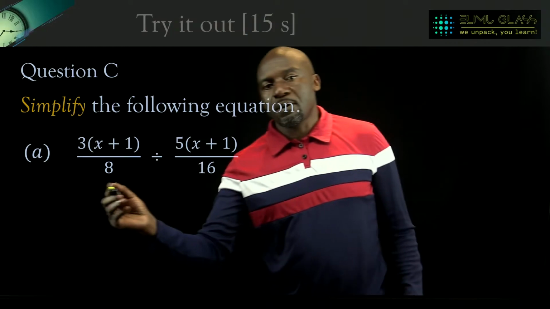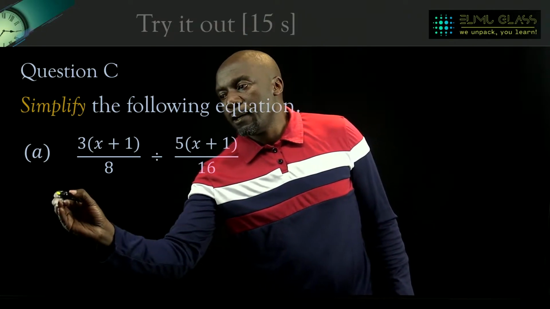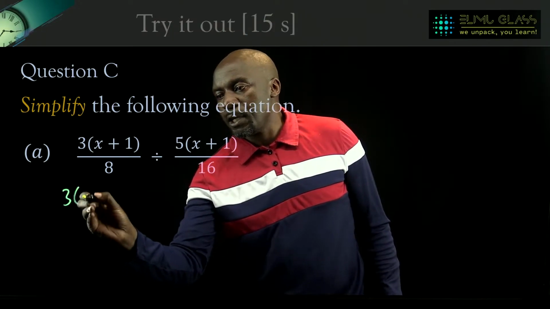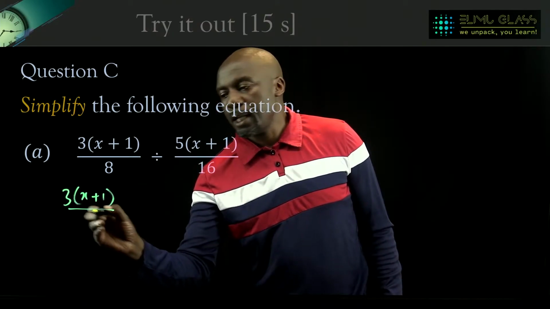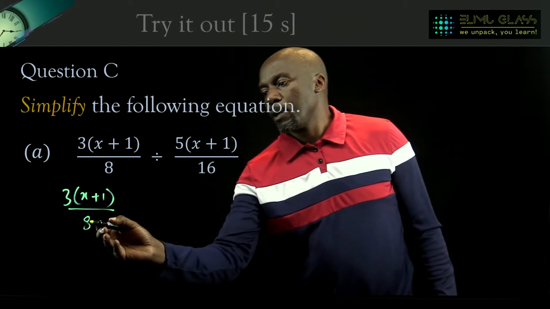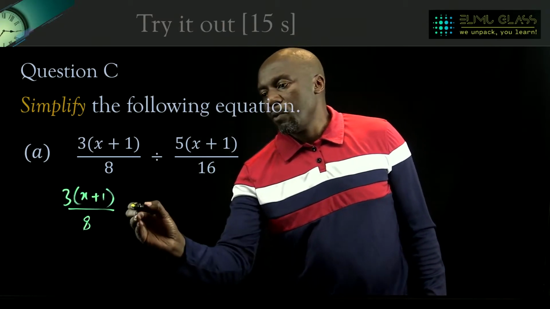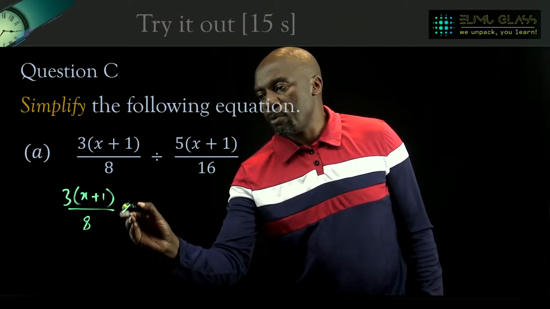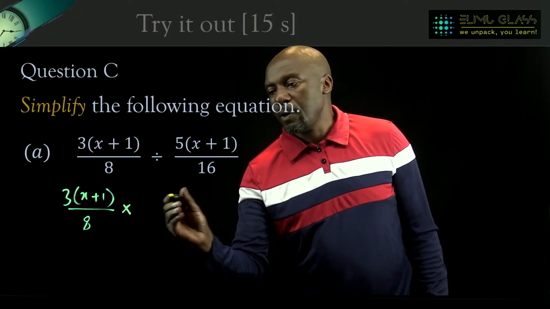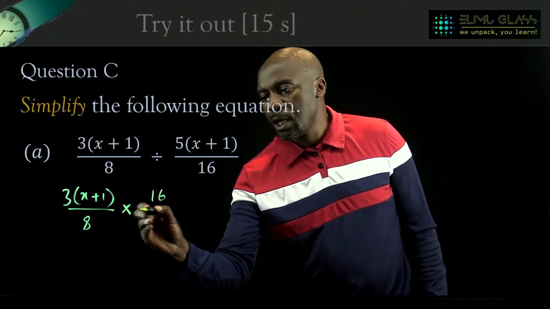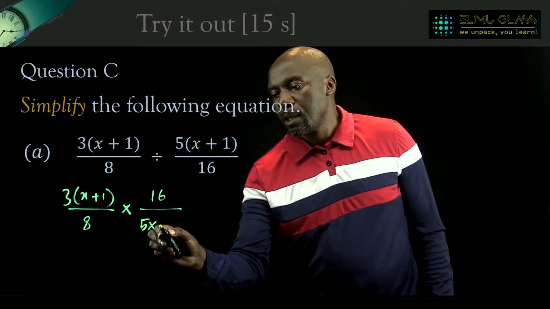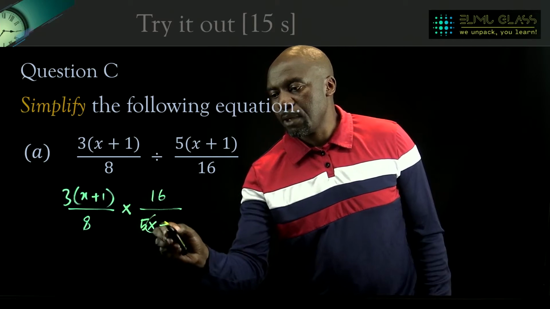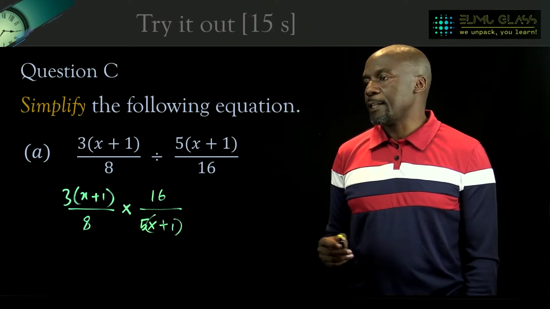So therefore we can write this as 3 into (x plus 1), divided by 8, and instead of the division sign we'll put a multiplication sign, and then we will have 16 at the top and 5 into (x plus 1) at the bottom, like that.